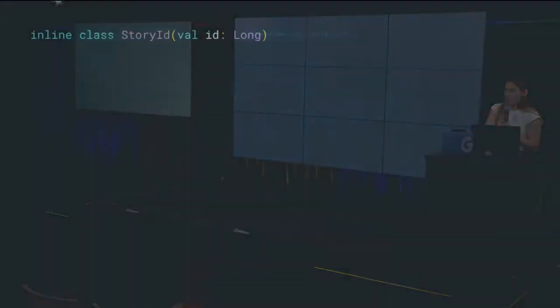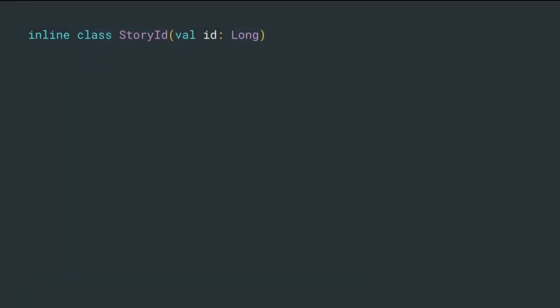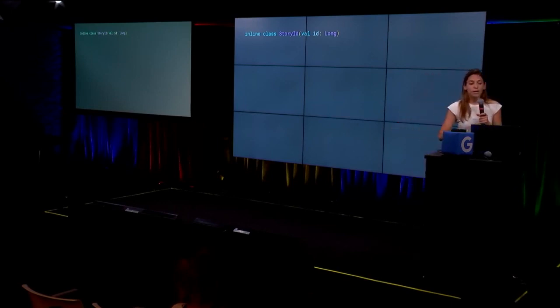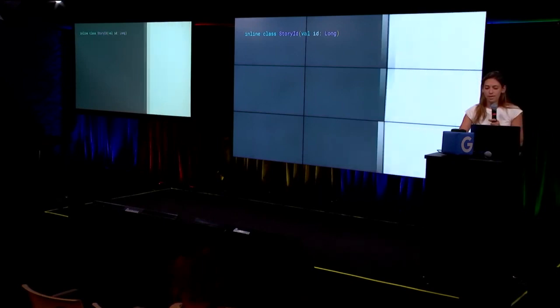So let's find out more about inline classes. What I like about them is they really enforce best practices: the role of an inline class is to wrap one object. Inline classes have a series of limitations that enforce this idea of wrapping.